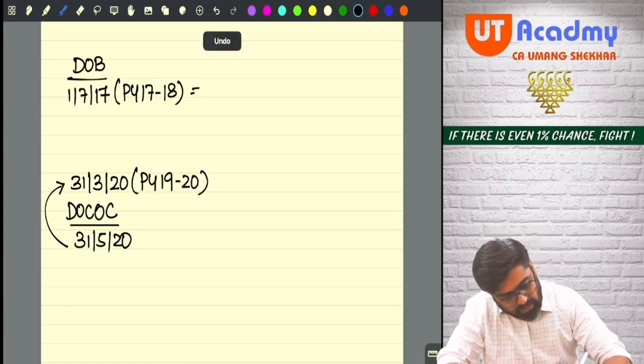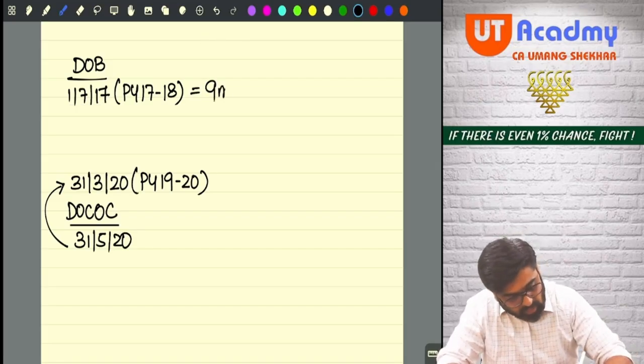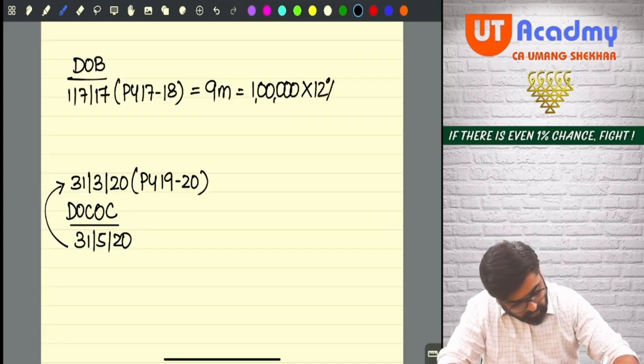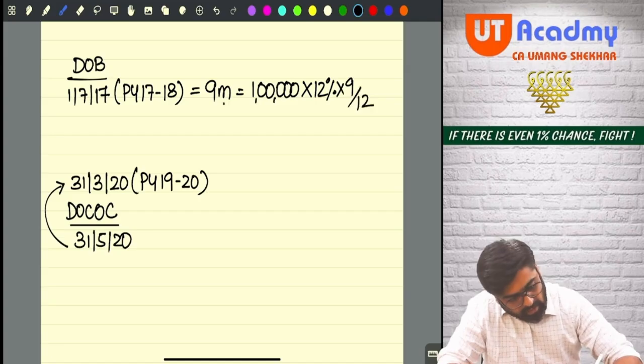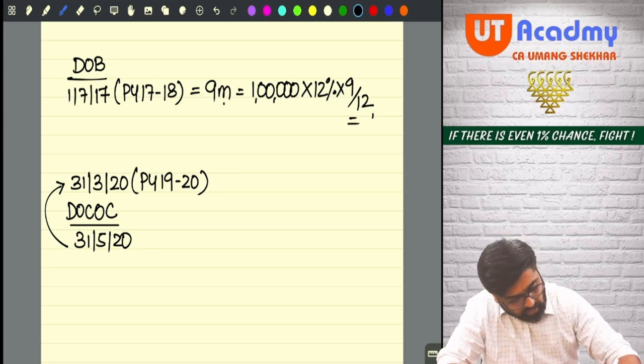In this year I paid interest from July to March, for 9 months. So for 9 months what will be my interest? 1 lakh into the rate of interest of 12% into 9 upon 12. So for these 9 months I have paid how much interest? Come on, tell me. 12% into 9 divided by 12 will give me 9,000 rupees.